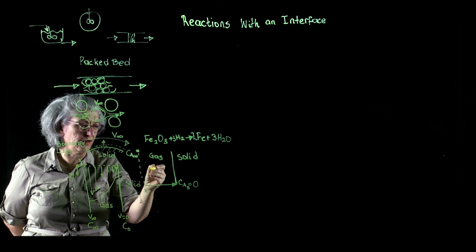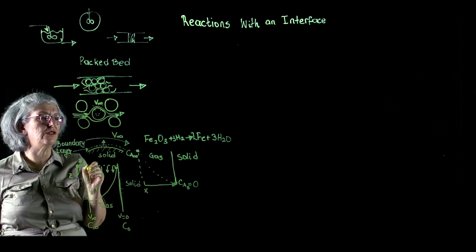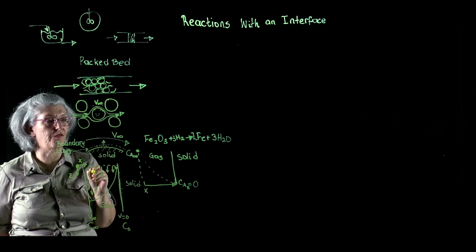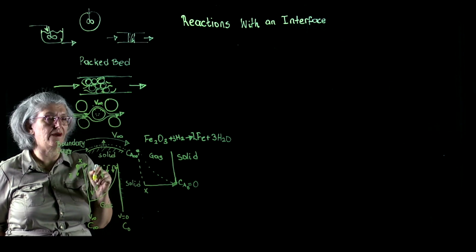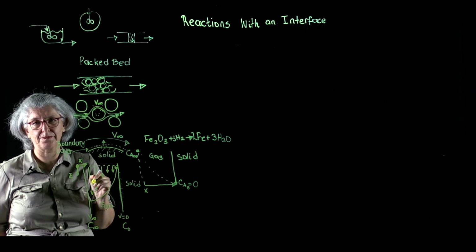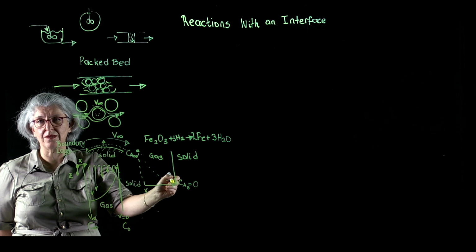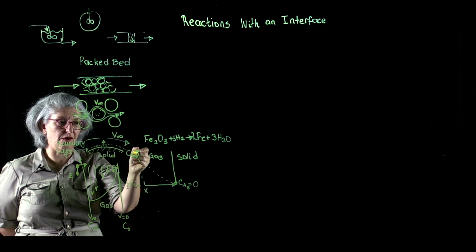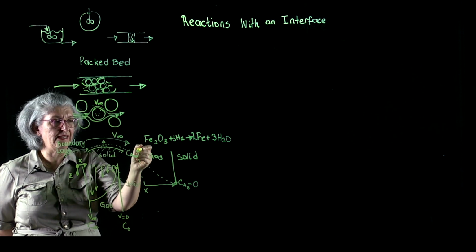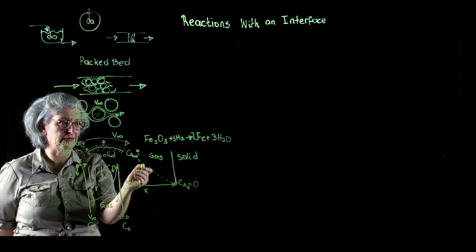So we have some sort of a concentration profile. We don't know the shape of this concentration profile, and we are curious. What is the shape of that concentration profile? The shape of this concentration profile depends on how this transport of species A take place across this boundary layer.